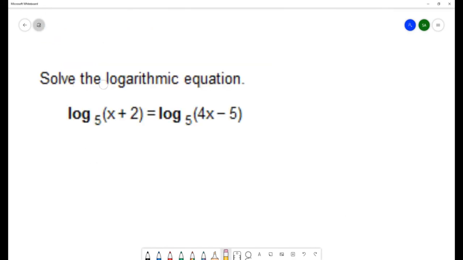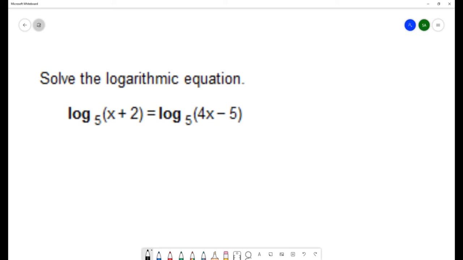I want to solve this logarithmic equation, which is log base 5 of (x plus 2) equals log base 5 of (4x minus 5). And this time I can see that I have a log base 5 on both sides. This is an indication that we're going to use a property called the property of equality, or other sources call it the one-to-one property.